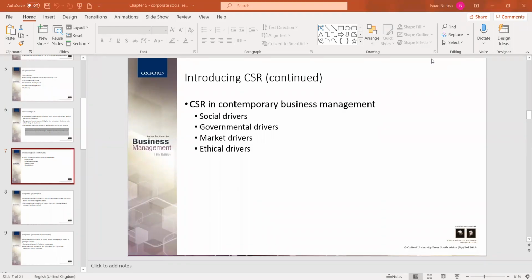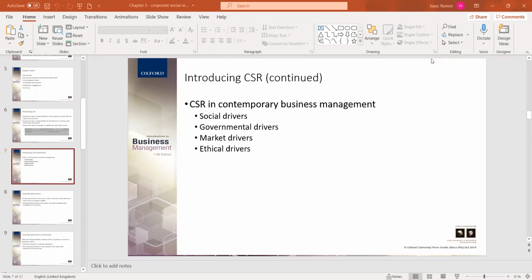So we continue, and we are going to now analyze corporate social responsibility in terms of contemporary business management. However, before we continue with this discussion, one important book related to this concept was by John Elkington.